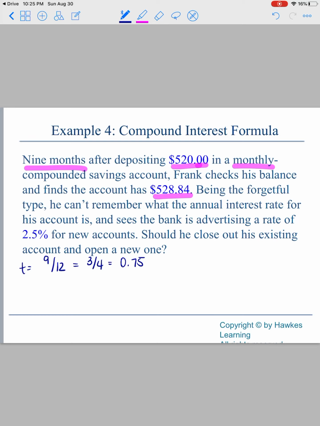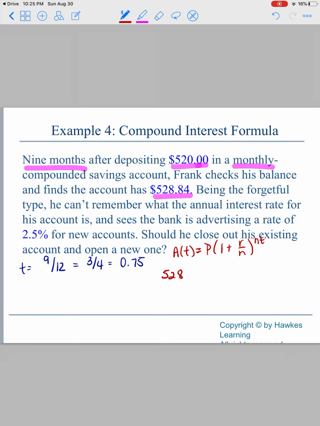And then we know that after this amount of time he has $528.84 in his account. Remember we're going to be using this equation: A(t) equals P times (1 plus r over n) to the n t power. A sub t, how much do I have over this amount of time?